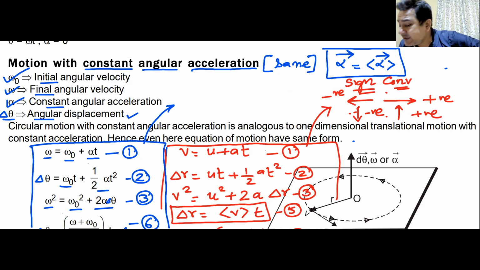How do I incorporate the direction of these vectors? How do I incorporate the directions in this? I'll give you a minute to give me the answers. What is the answer? How do I incorporate it?